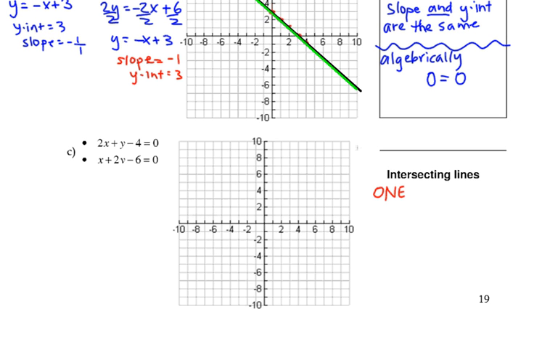You can have the same y-intercept, but different slope, because if you have the same y-intercept, that just happens to be your intersection point. So the only thing that makes something intersecting lines, as long as the slopes are different, we have intersecting lines. So there's one solution, and the easiest way to spot that is they're just going to have different slopes.